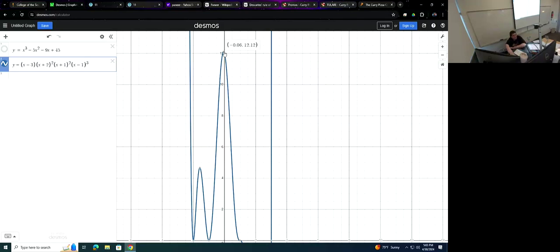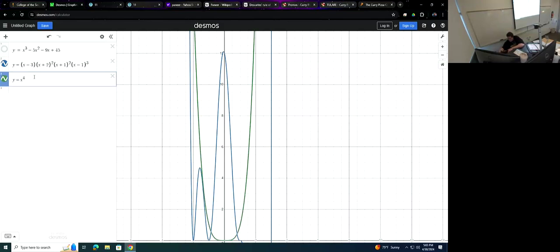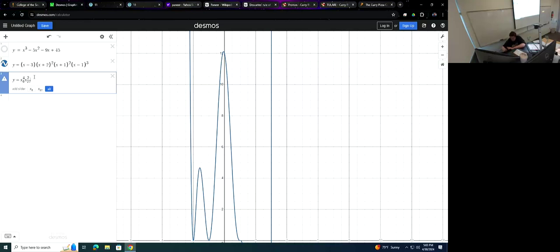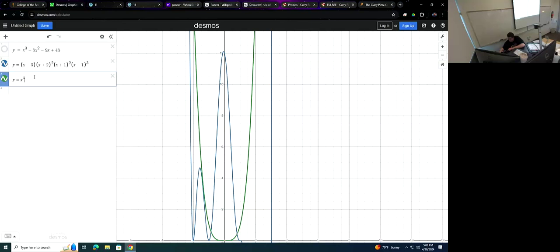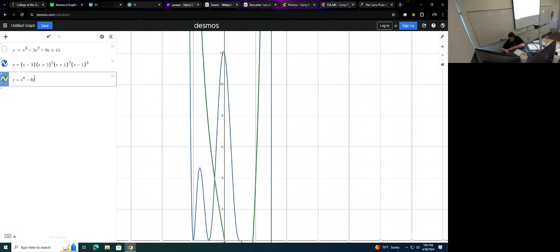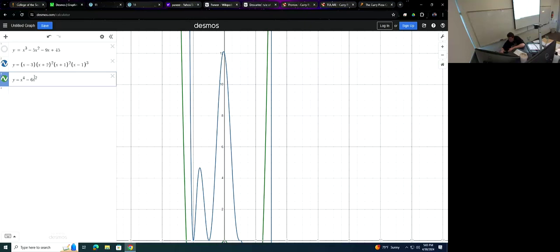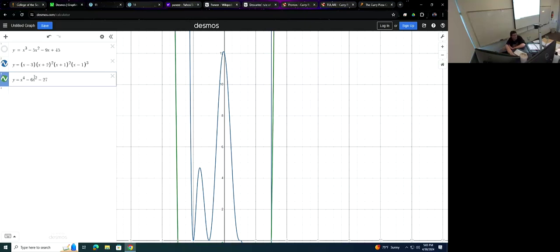Oh, real quick, we did y equals x to the 4th minus 6x squared minus 27. Let me turn off the blue line.